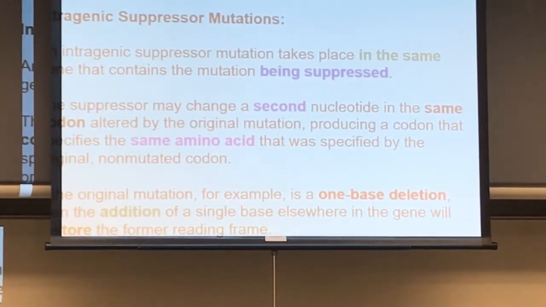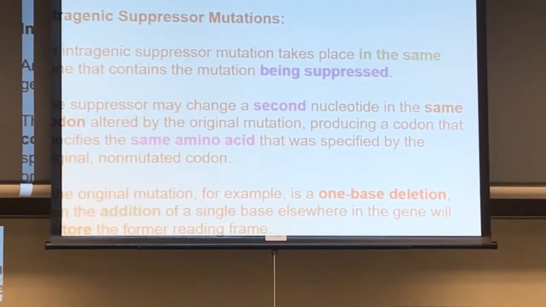Now, if the first and second mutations are in the same gene, let's say two different nucleotides are mutated in the same gene, and the second mutation neutralizes the first one, that is referred to as intragenic, because both mutations are within the same gene. An intragenic suppressor mutation takes place in the same gene that contains the mutation being suppressed. The suppressor may change the second nucleotide in the same codon, altering the original mutation.